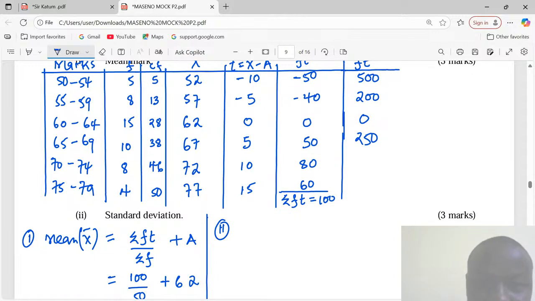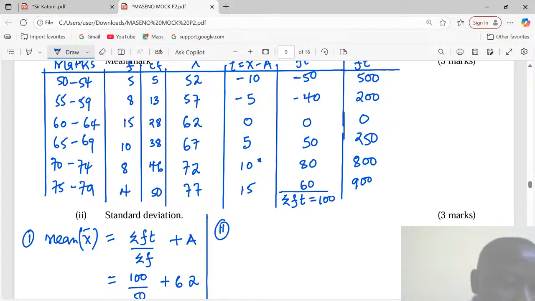The next t squared is 100, because 10 squared gives us 100. Now we shall multiply this 100 by 8, giving us 800. And finally, 15 squared, 225. This should be multiplied by 4, giving us 900.